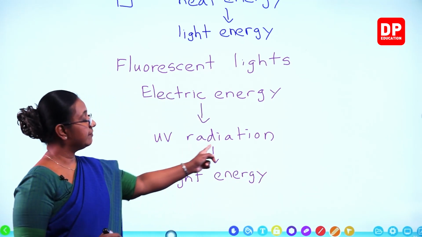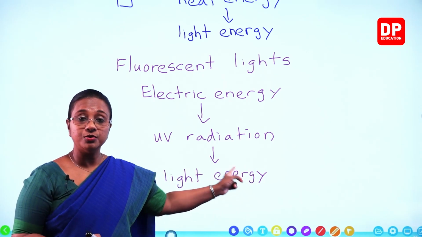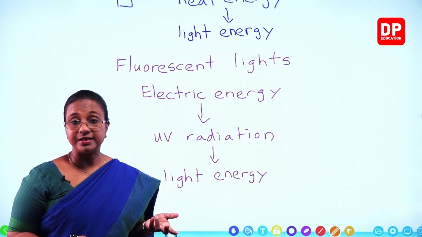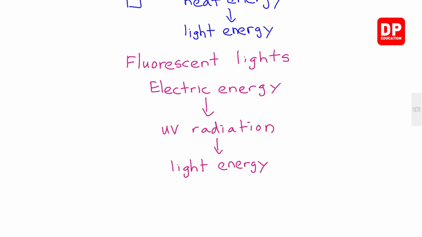So here students, when we say UV radiation, you all know UV radiation is an electromagnetic wave. So electromagnetic waves also have energy. So their electric energy is converted to UV radiation, then it is converted to light energy.